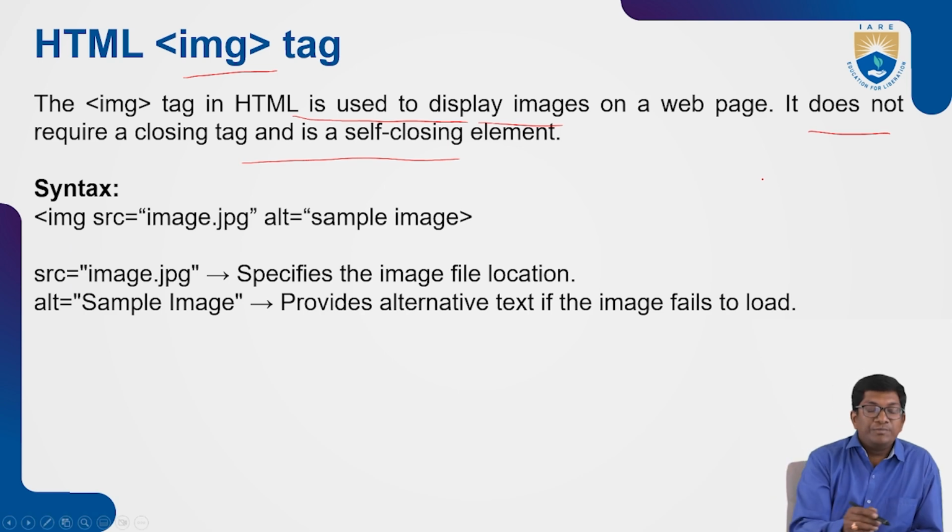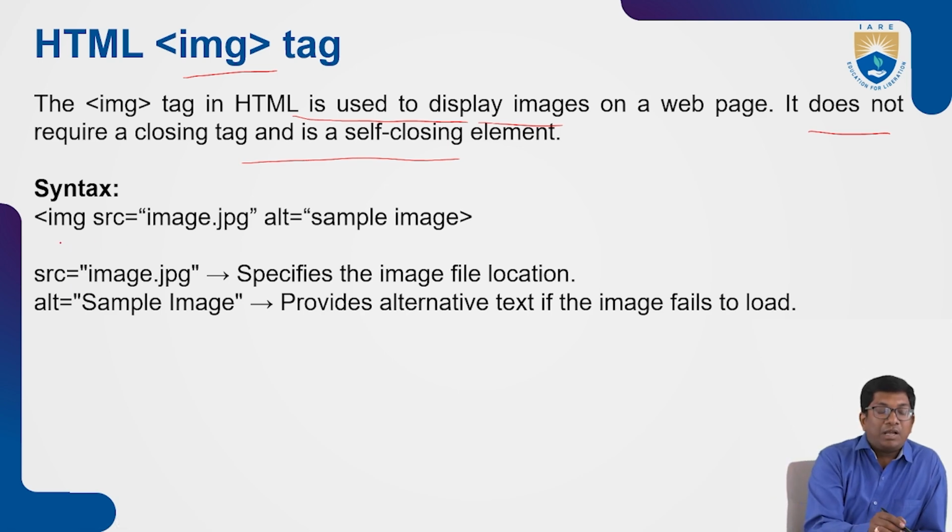So simple syntax: the IMG tag, and the attribute is SRC, and one more attribute is ALT. Here source is equal to URL.